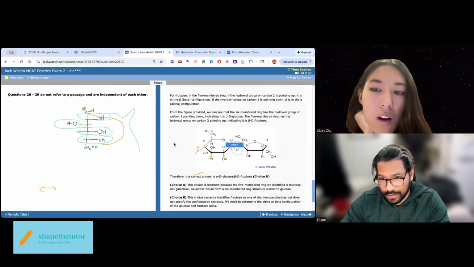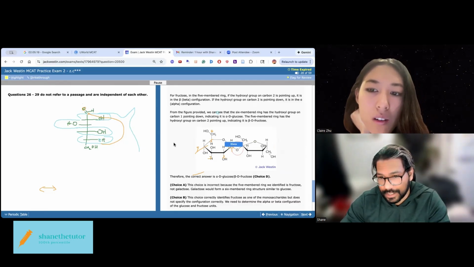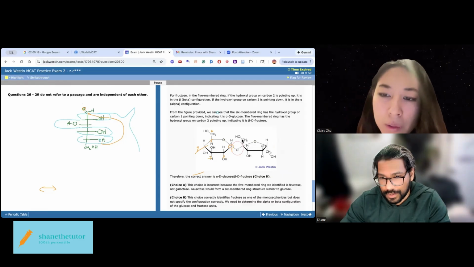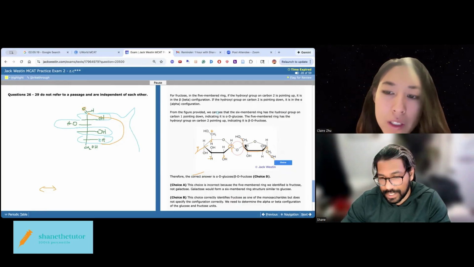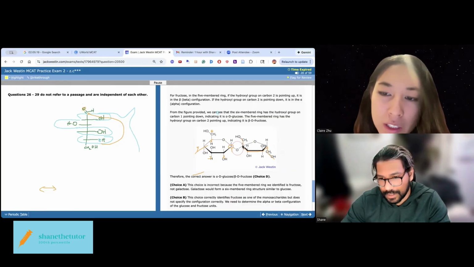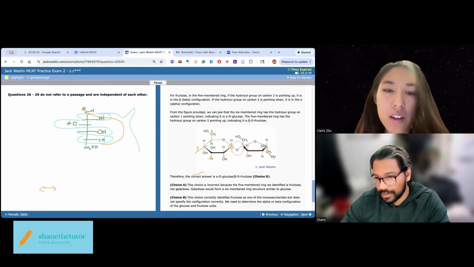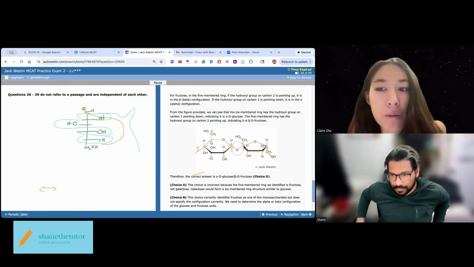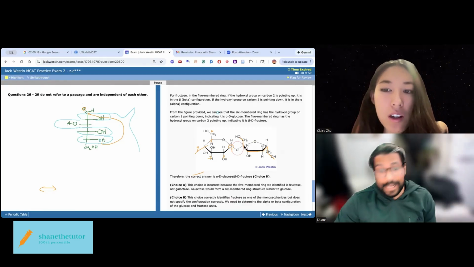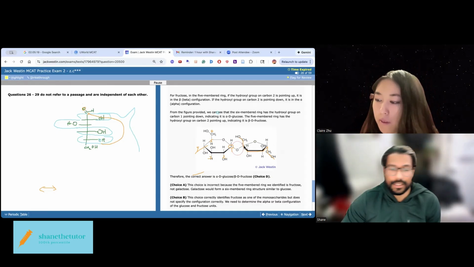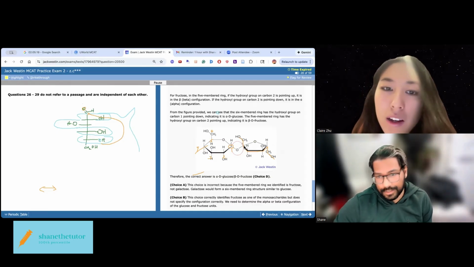So it would start with this carbon technically. Oh, but would we still consider carbon 2 as the anomeric carbon? Okay, so I guess carbon 2 is the anomeric carbon for fructose. Okay, yeah, that makes sense.